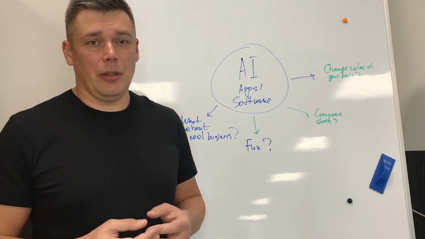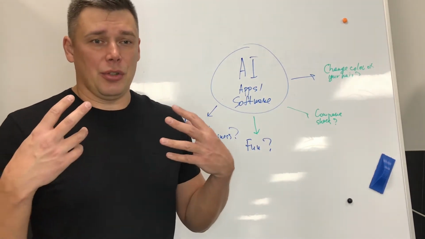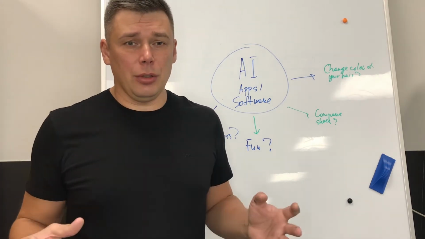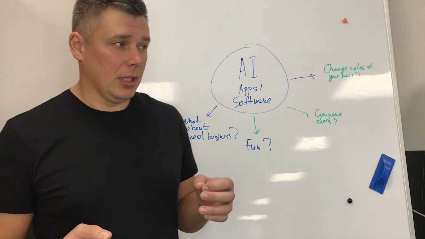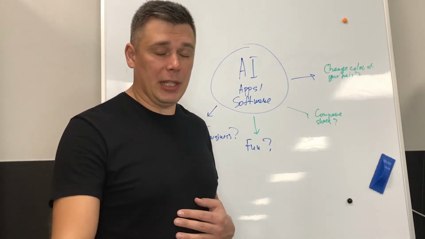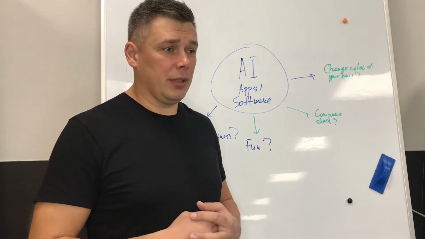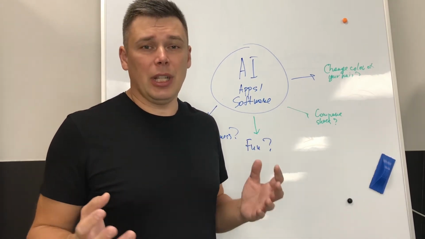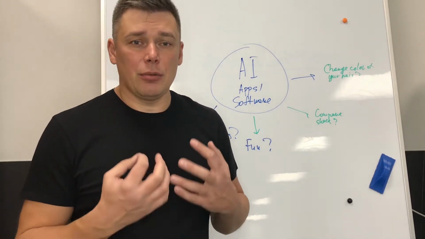We know that there are all these applications where you can color your hair or compare your shoes, but that's mostly about fun, because real business can just see applications in app stores, and we have a lot of noise about artificial intelligence, but they don't have a clue how to implement these techniques for their real business.